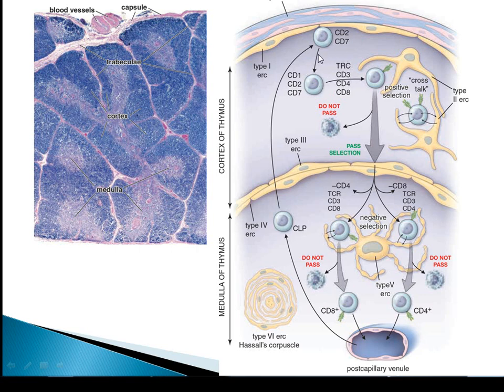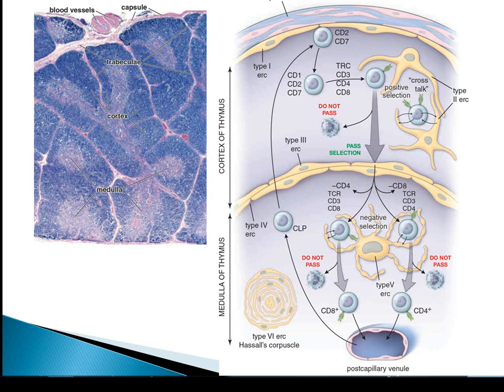The newly formed thymocytes express CD4 and CD8 molecules and become known as double positive cells. As we see here, they have both of them. The double positive thymocytes rearrange their genes coding for the variable regions of their T cell receptors and express a low level of the CD3-TCR complex on their surface.